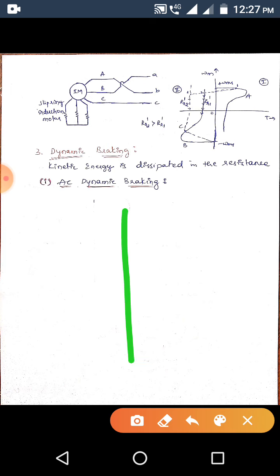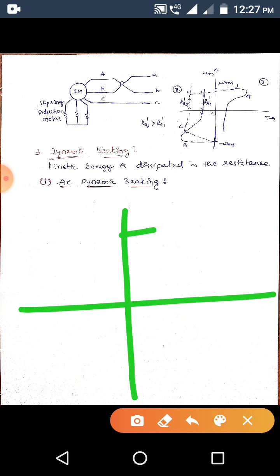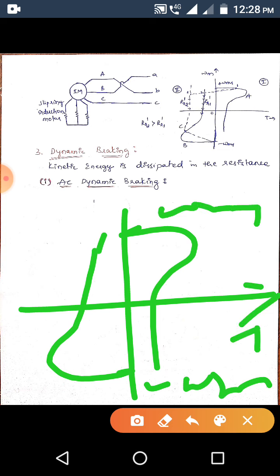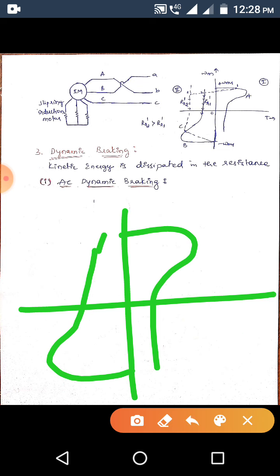So we have the first quadrant of speed and torque here, and we have the characteristics at negative synchronous speed. This is the torque, this is the speed. What happens if we add rotor resistance into the induction motor?